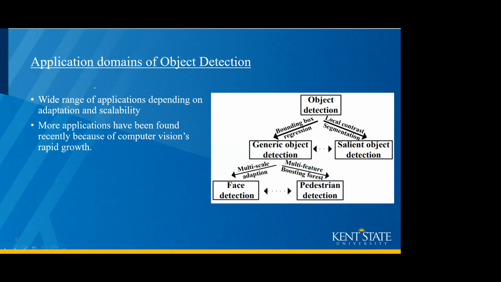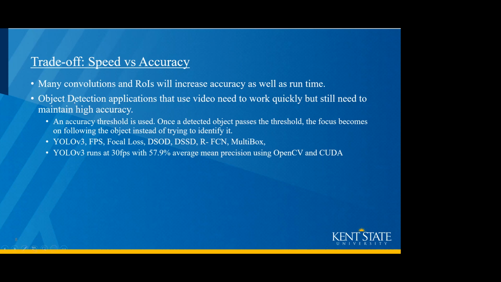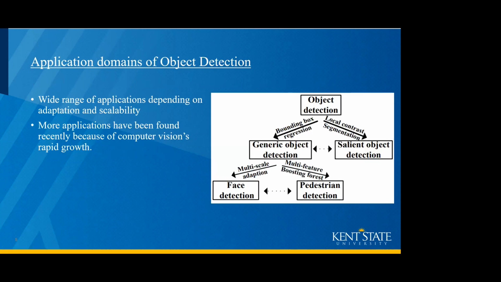And going back to that, the object detection applications, most of them nowadays are using videos, but this is going down to the different categorizations of object detection with generic object detection and salient object detection.